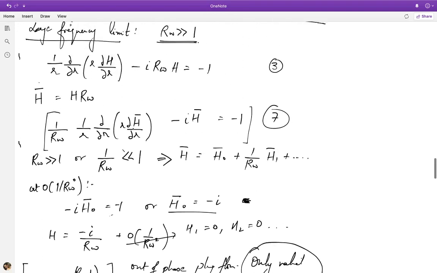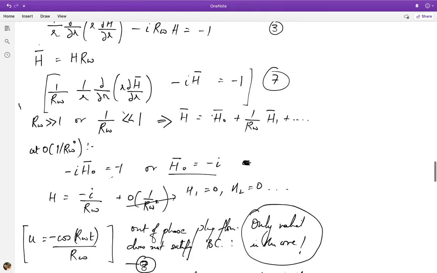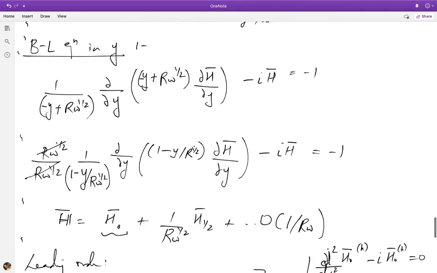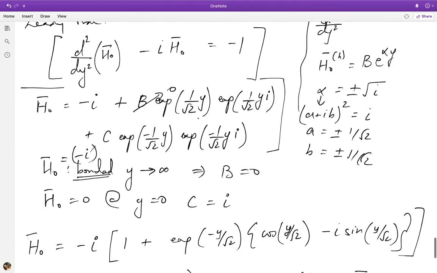Yes, so the solution for h that I get, for h bar naught should be equal to minus i. Right, so the h bar naught that I have there as y goes to infinity must be equal to minus i. It's not just bounded, so really it must be equal to minus i. And you see that that's indeed the case, right?